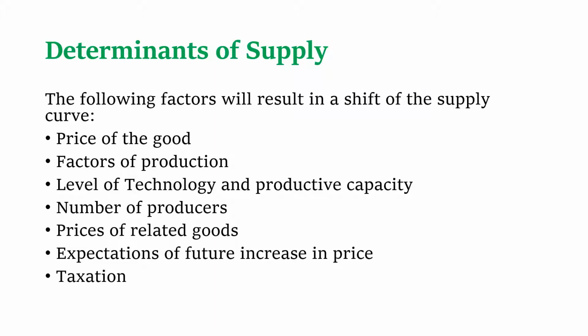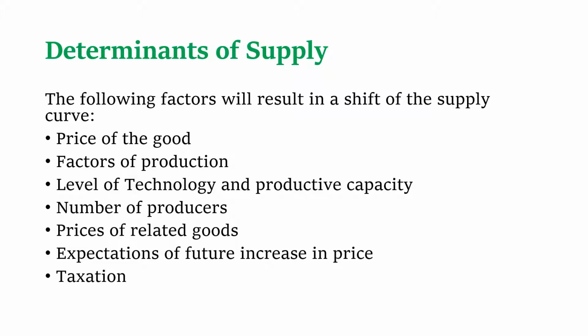And you look at technology, the productive capacity. If the farm decides to increase the plant size so as to increase productive capacity, more will be supplied than if the plant size is small.